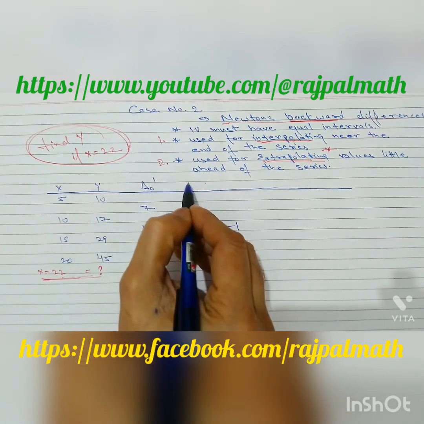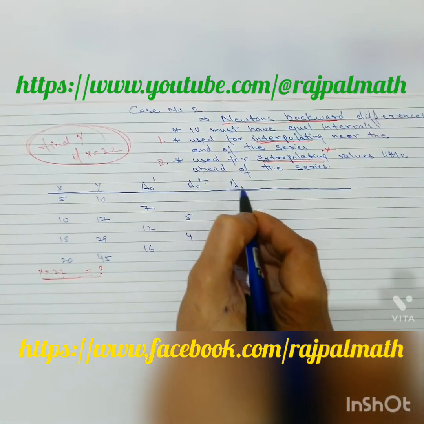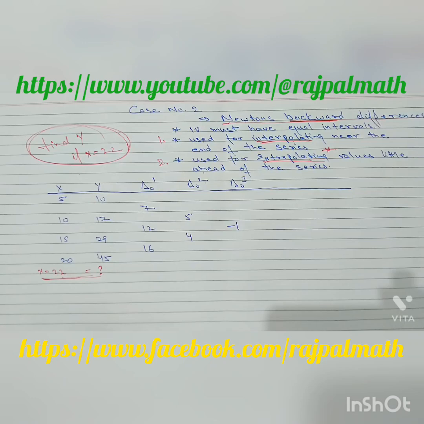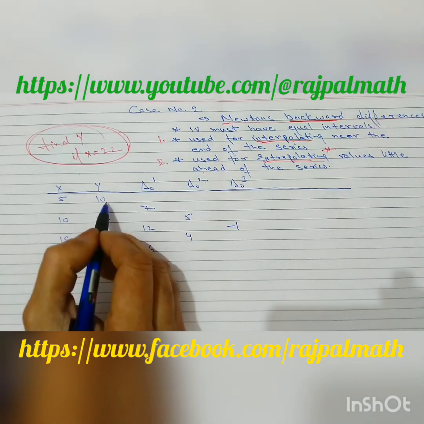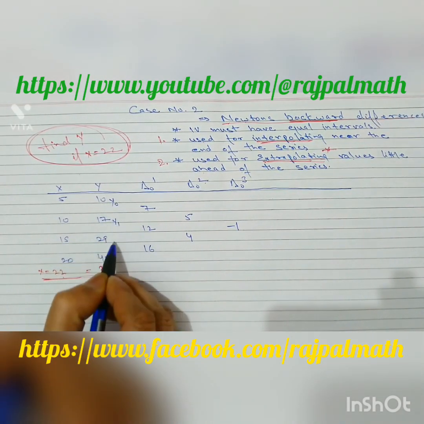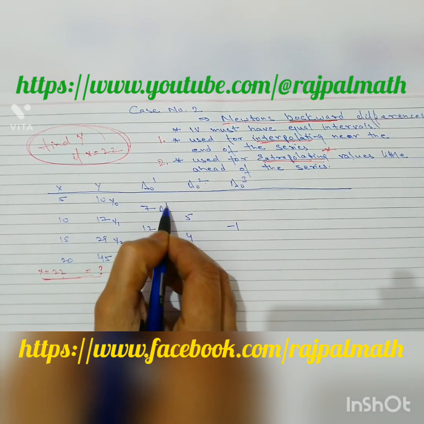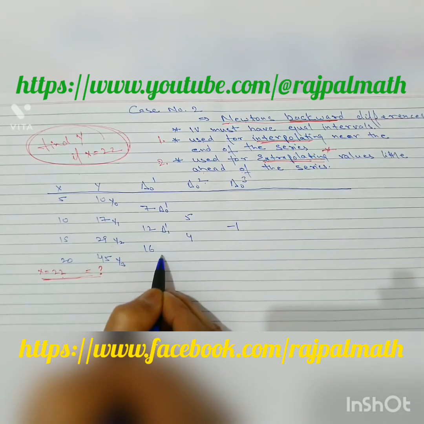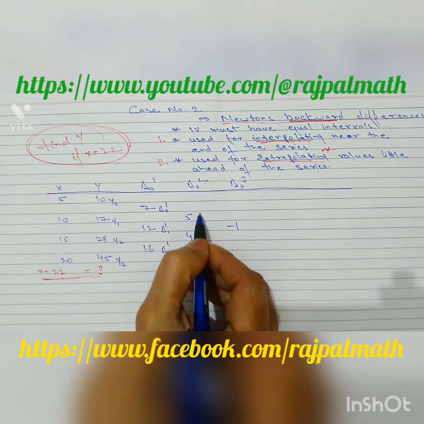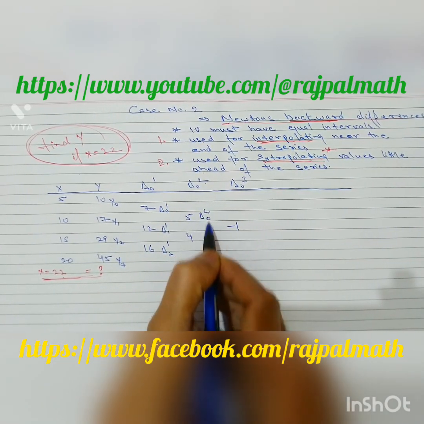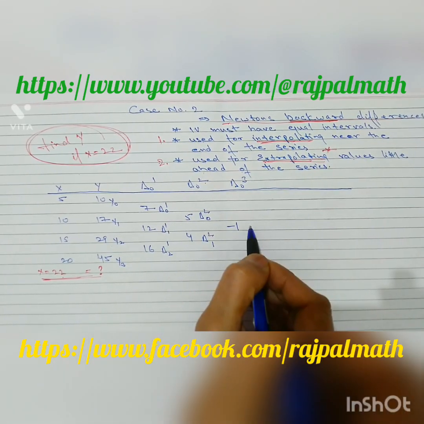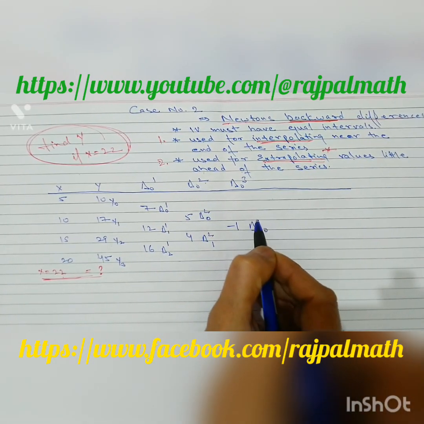Difference is 1, difference is 2, difference is 3. So name it as y0, y1, y2, y3, delta naught 1, delta 1 1, delta 2 1, delta 2 naught, delta 2 1, delta 3 naught.